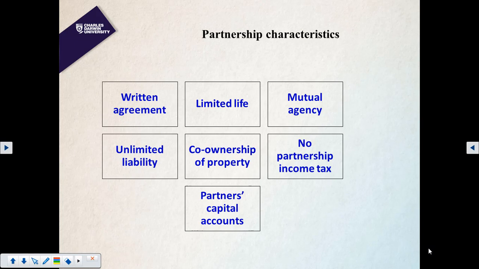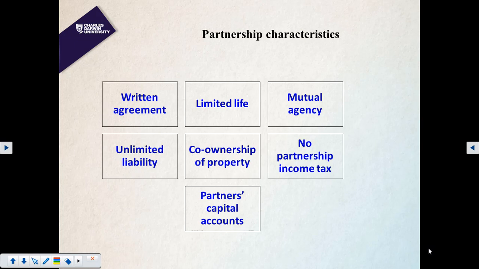So some of the characteristics: it is not like a sole or proprietary business. When you go to make a partnership, we first of all need a written agreement. Sometimes it can be even without any written agreement or contract, based on mutual understanding, but the written agreement is a document that you can provide to the court or any legal entity.